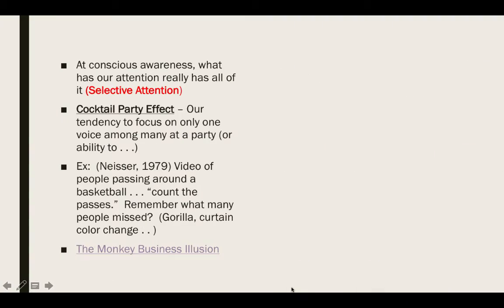Okay, so I thought that was an interesting video, since most of us know a little bit about the gorilla and the basketball passing. Some of us may have been oblivious to the curtain changing color, again demonstrating that what has all of our attention really dominates, and the rest of the information going around right in front of our eyes might go unnoticed or undetected.